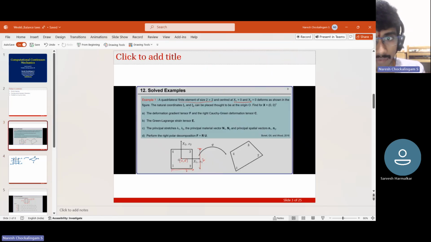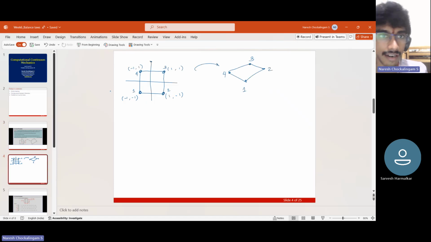The natural coordinates can be placed at the origin, for x equal to 0, 0. So let me use a different color. This is a chunk of material that is undergoing deformation, and you're considering a particular point at 0, 0. So this is a material point.